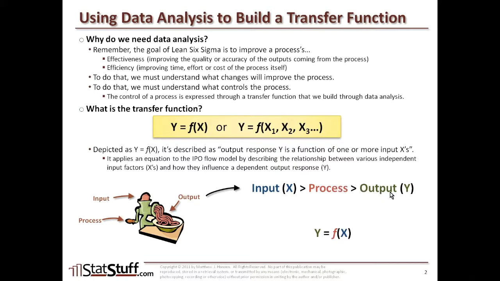If you notice from this, the input is what we're referring to as the x's in the equation, and then the process is the function that's applied to those x's, and then finally the output becomes the y in this transfer function. So it's the IPO flow model basically that we're adapting to what we're calling the transfer function, now called y equals f of x. Okay, so the transfer function is an equation of the IPO flow model.